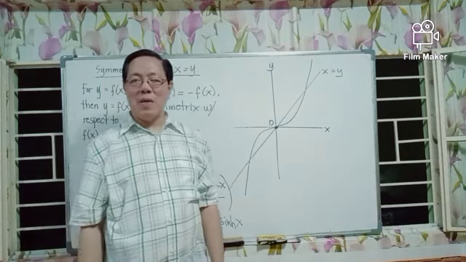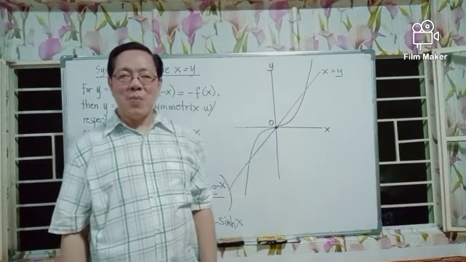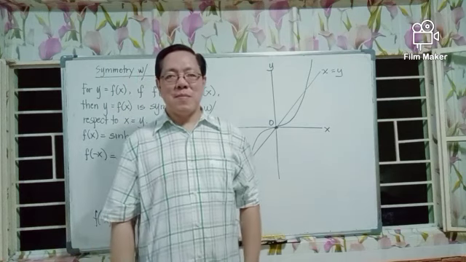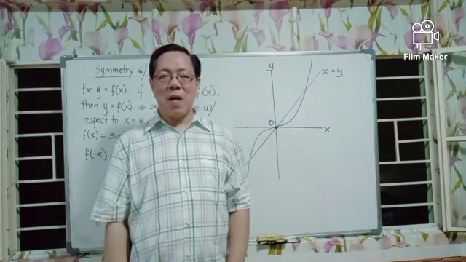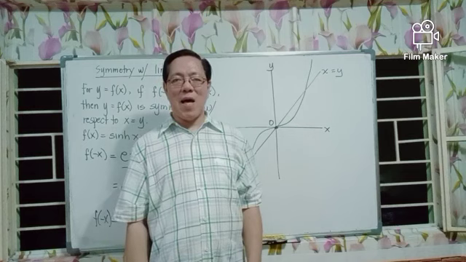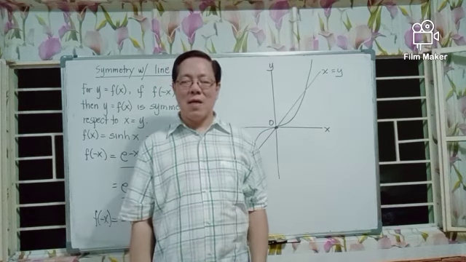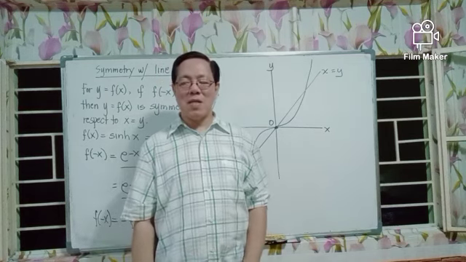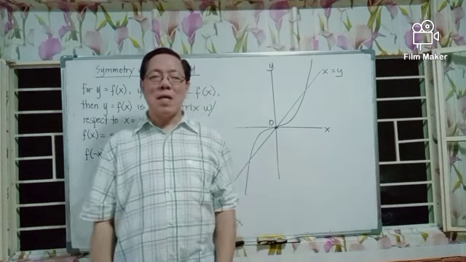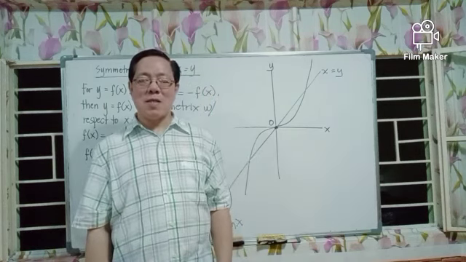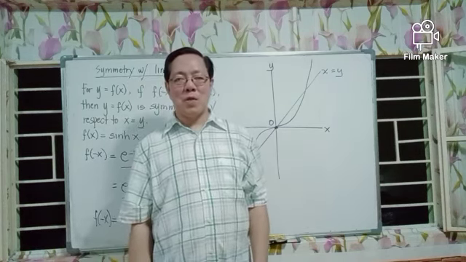So to summarize again, the hyperbolic sine of x is defined in terms of the exponential functions e to the x and e to the minus x. In particular, the hyperbolic sine of x is equal to e to the x minus e to the minus x all over 2.